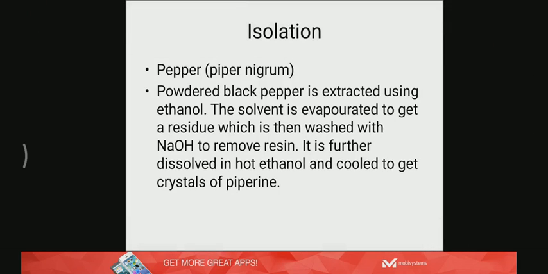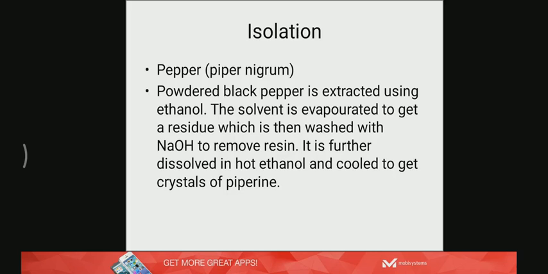It's obtained from pepper. The systematic name is Piper nigrum. Mainly it is obtained from black pepper. So for isolation, powdered black pepper is extracted using ethanol. So add ethanol and extract. Take the extract, and then the ethanol solution is evaporated to remove ethanol so that you get a residue.